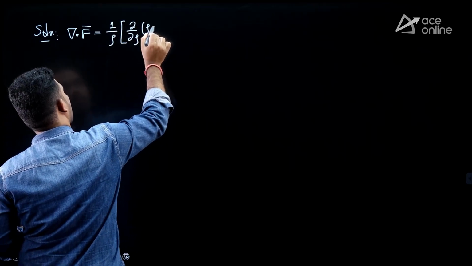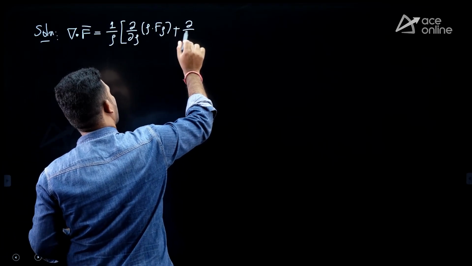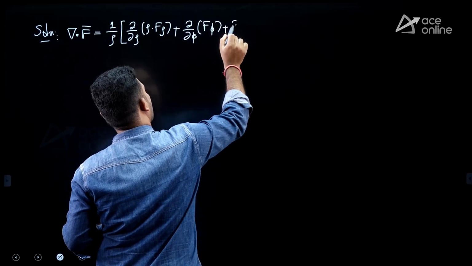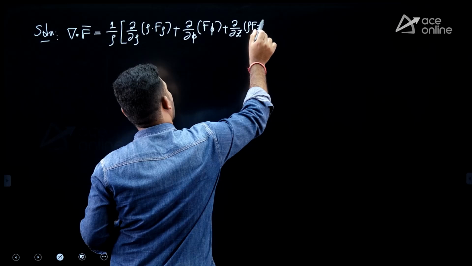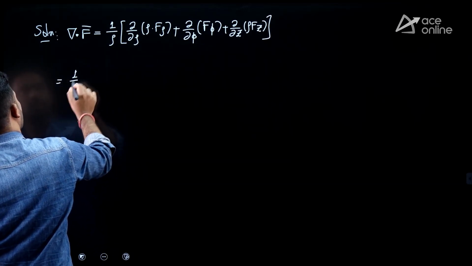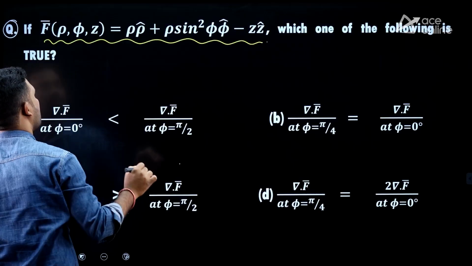dou by dou rho into rho f rho, plus dou by dou phi into f phi, plus dou by dou z into rho into fz. Clear, friends? So it is 1 by rho into dou by dou rho into rho f rho. What is f rho, guys?